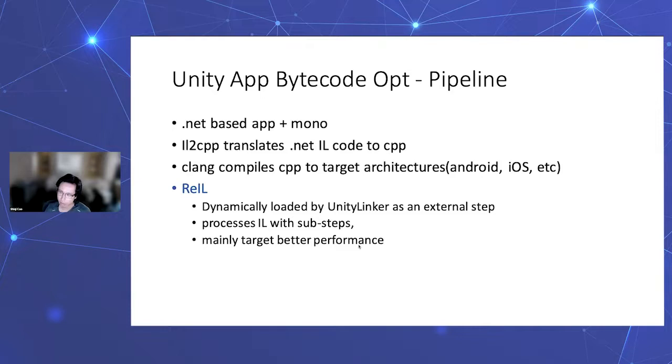So ReIL is a plugin for the Unity linker, and you process IL with sub-steps. We architected ReIL as a little platform, where each step is kind of a plugin architecture. The main target for this tool is to make the app run faster, so for better performance.